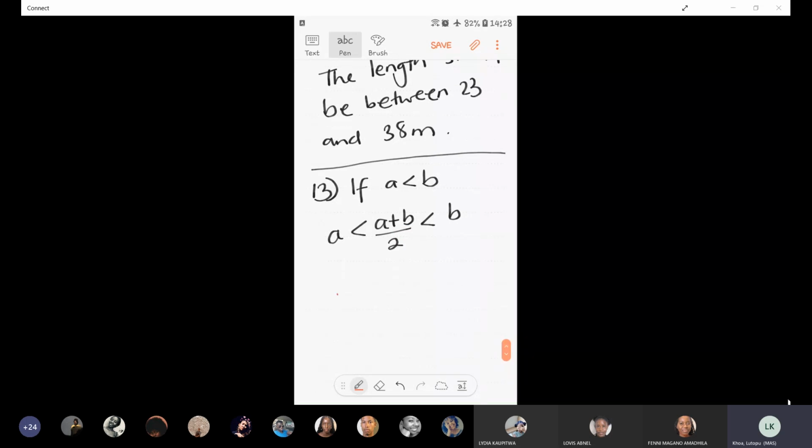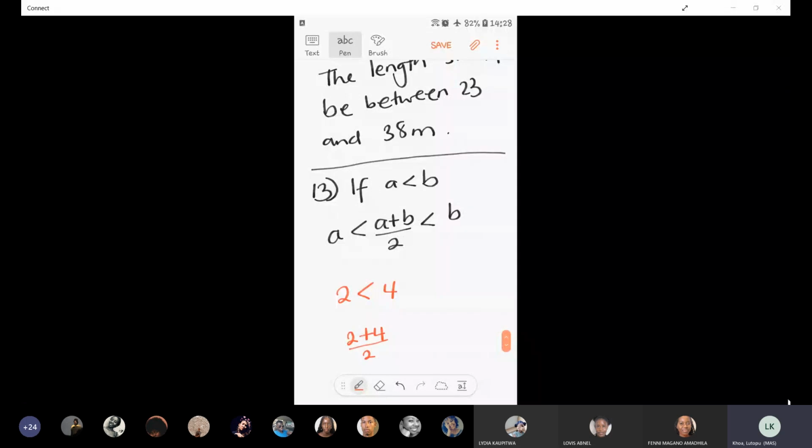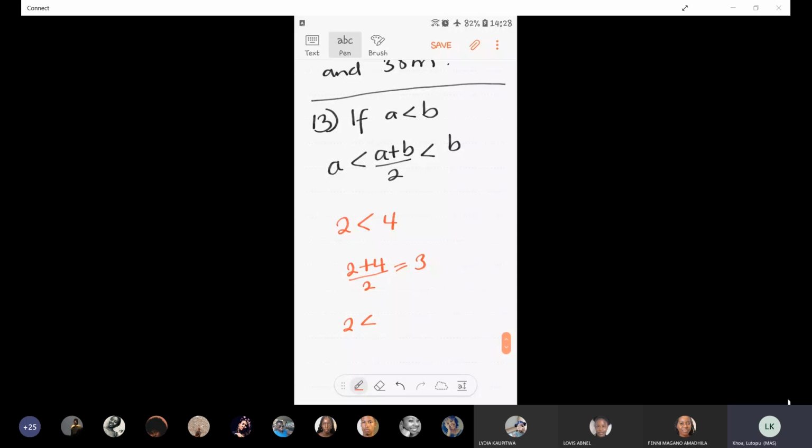If I have two numbers, 2 is less than 4. If I add them, I have 2 plus 4, then I divide by 2. This is 6 divided by 2, which is equal to 3. And it is true that 2 is less than this 3, and this 3 is less than 4.